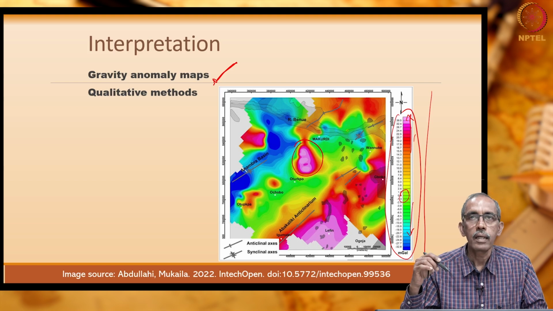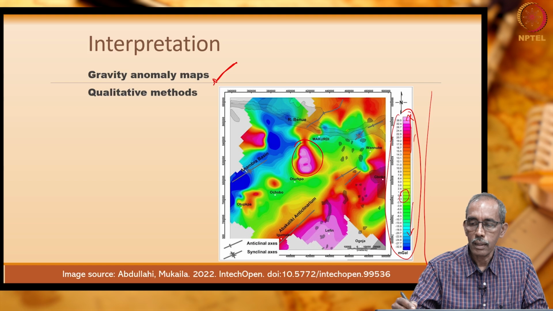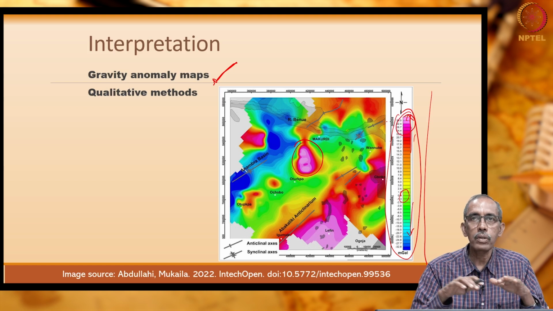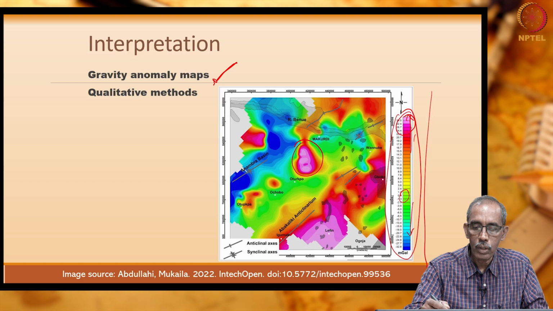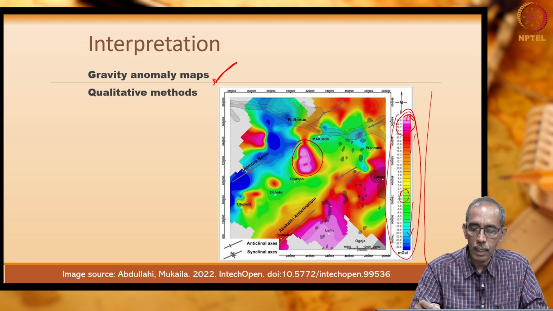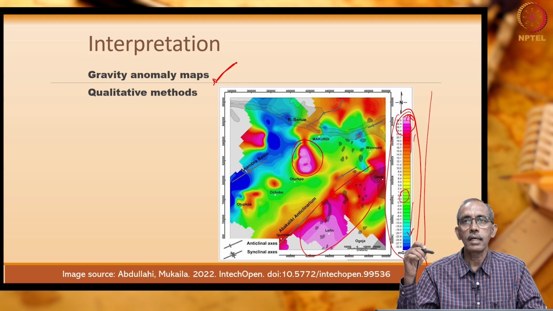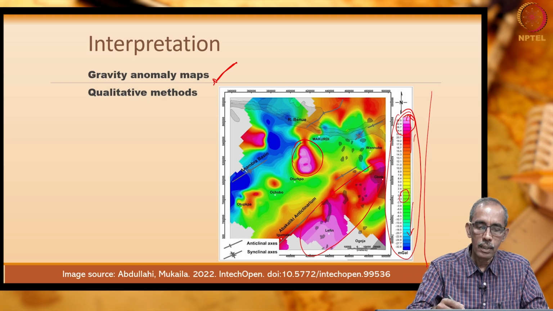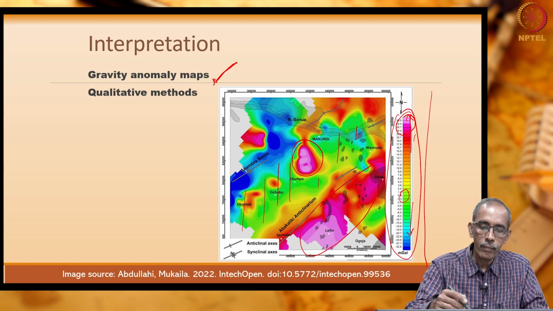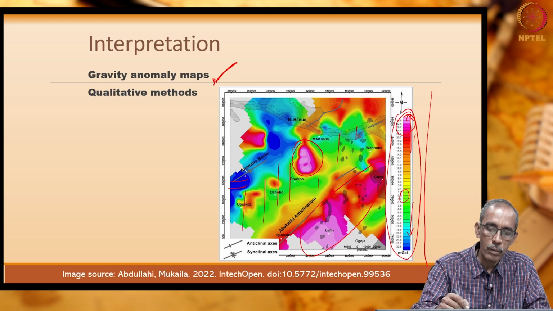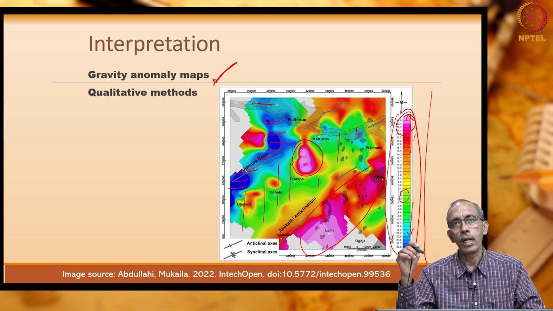Compared to the overall region, this region has got more dense material. Similarly, this particular region also has got denser formation, whereas the green region is more or less zero or less. Similarly, the blue zone has got very low gravity value.